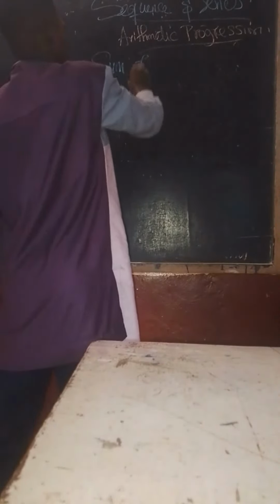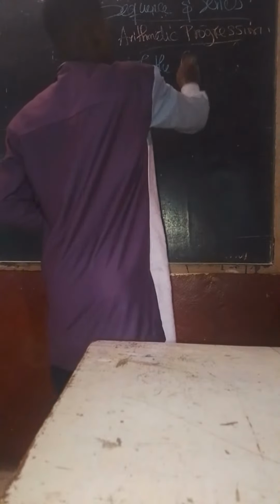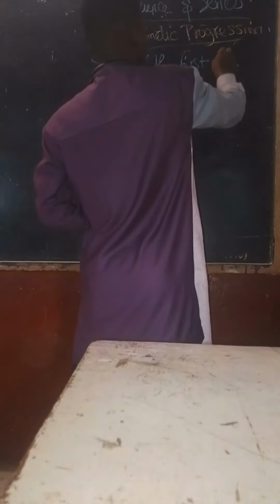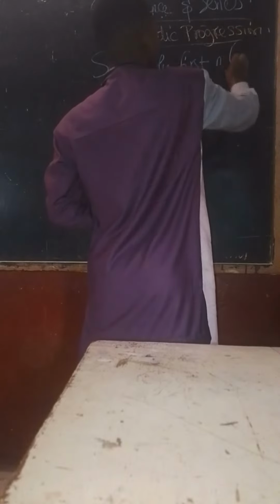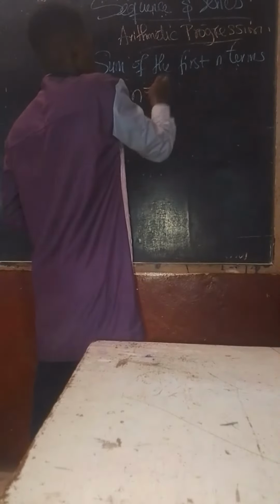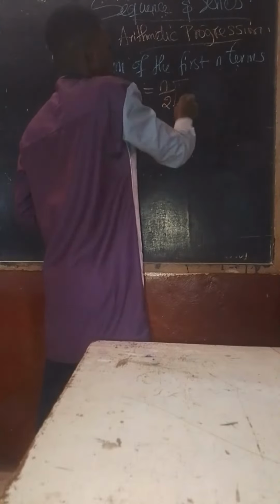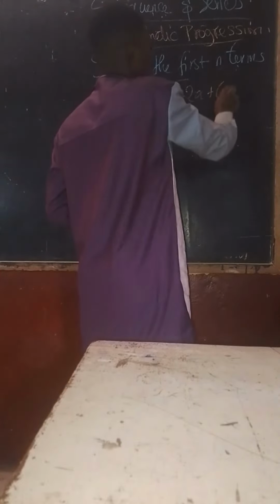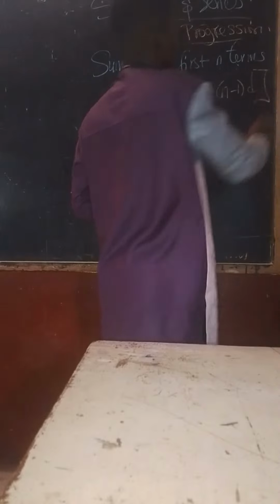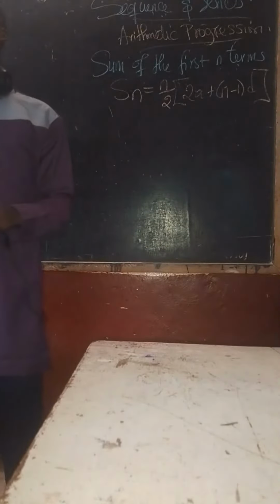Now, we are looking at the sum of the first n terms. Open your brain to understand. The formula alone is self-explanatory. Sn is n on 2 times 2a plus n minus 1 d. This is the sum of the first n terms.